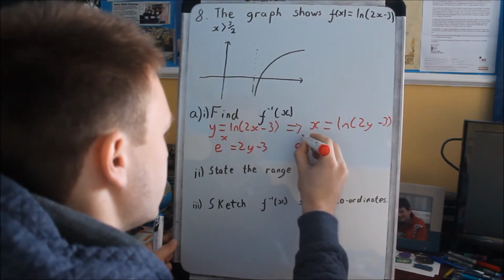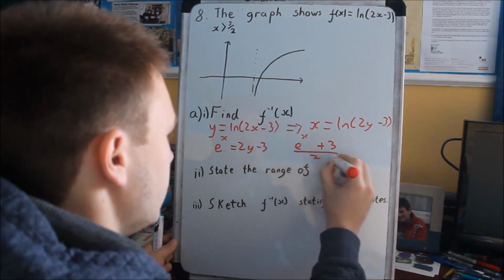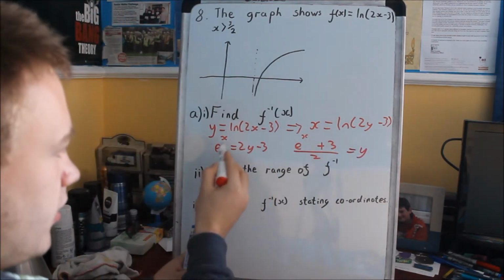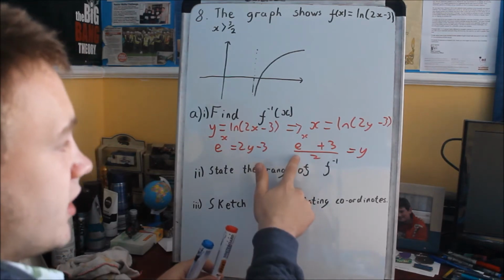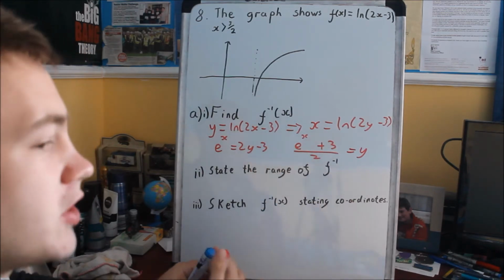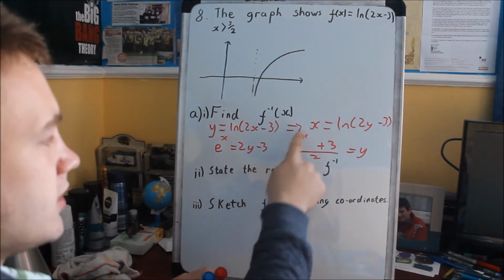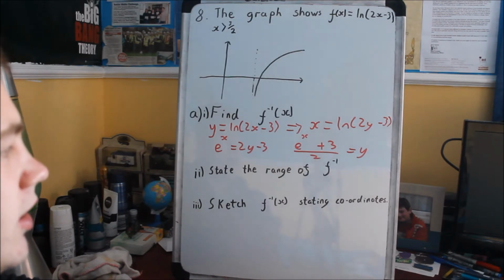So then e to the x plus 3, all over 2, is our y. Okay, so taking the 3 over and dividing it all by 2. Another way of writing that is a half e to the x plus 3 over 2. That would also be accepted. You could also just put a half outside the bracket of e to the x plus 3, but I'm going to leave it as e to the x plus 3 over 2.